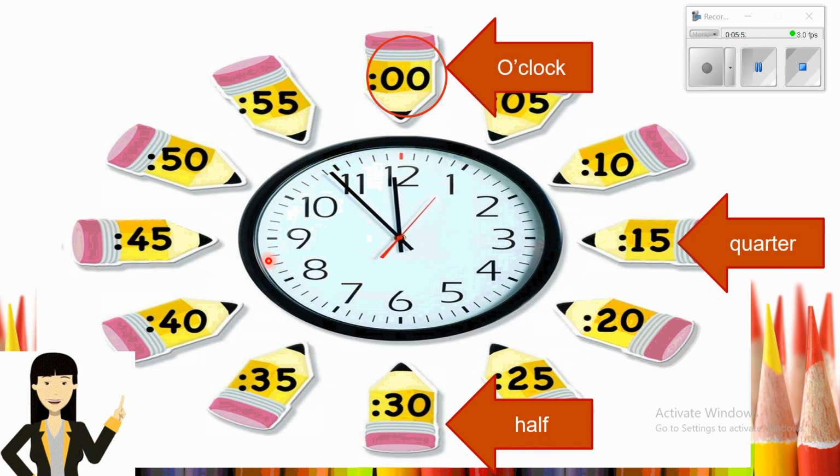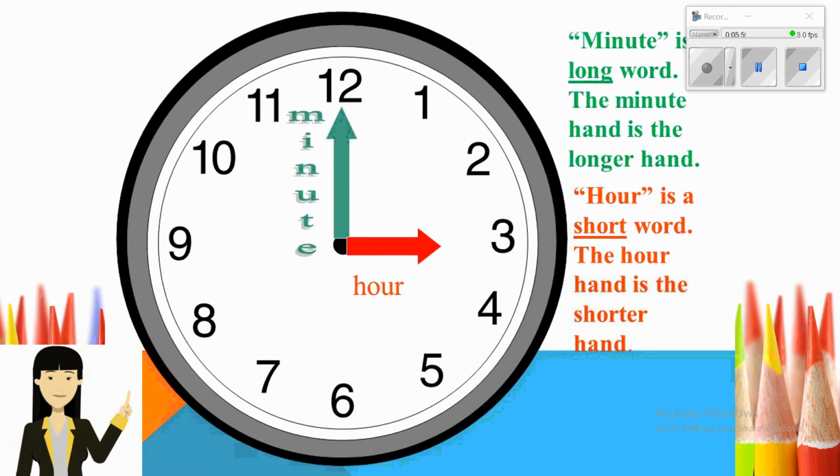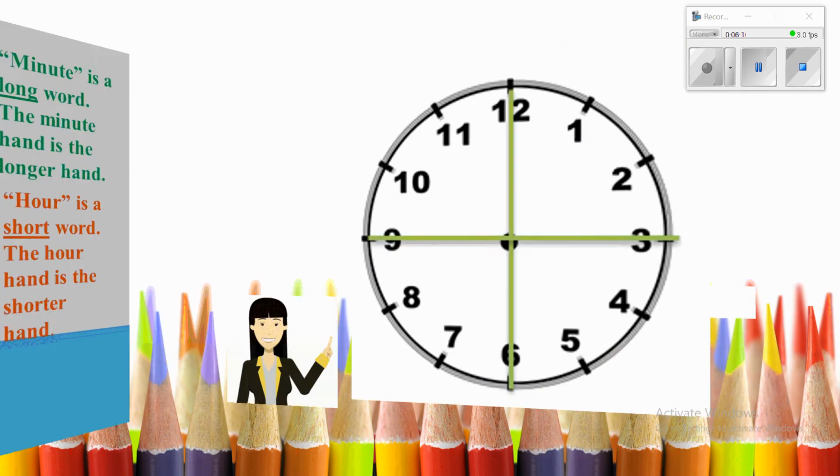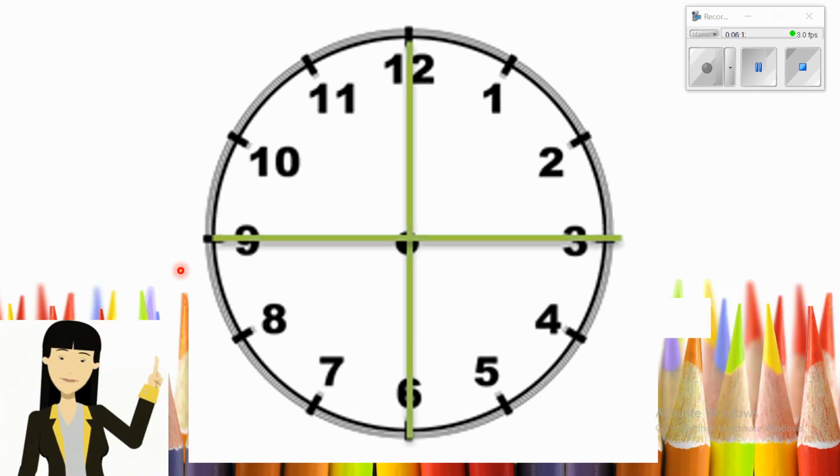On the left is a quarter to. Here is a reminder that the hour hand is the short one and the minute hand is the long one. You remember that.